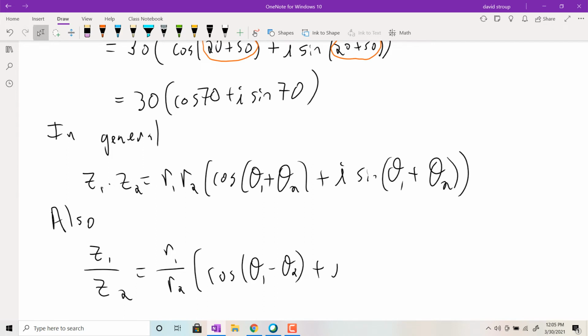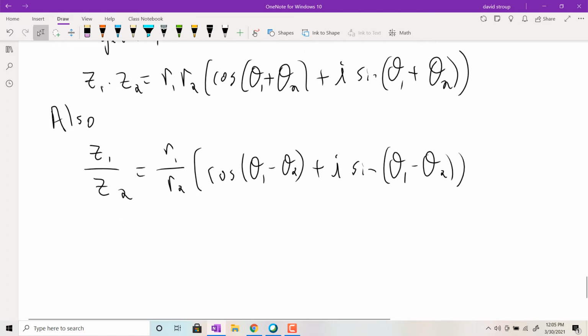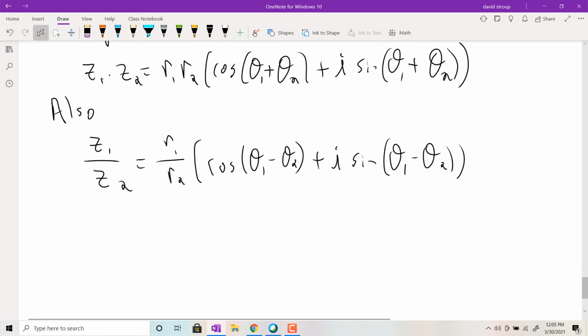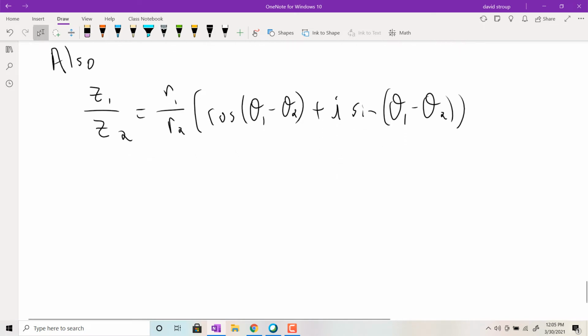So it comes down to a matter of just remembering at this point rather than anything else. In the rectangular form, you have to memorize a process. You have to multiply top and bottom by conjugates, or you have to FOIL. Here it's just a memorizing of forms.